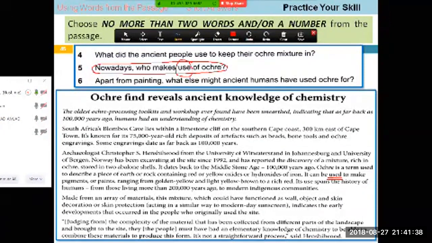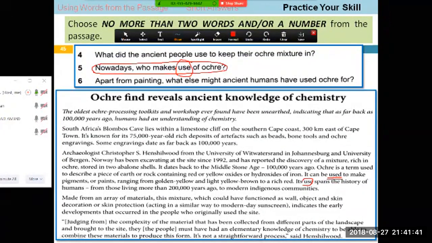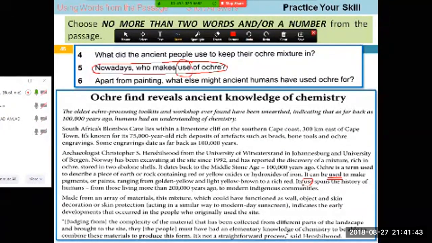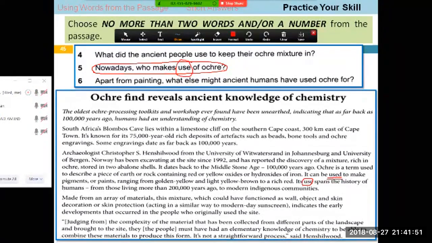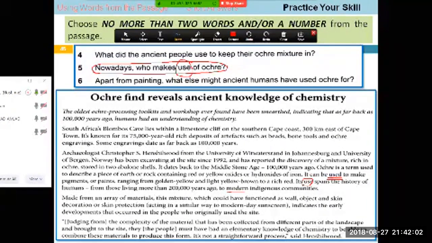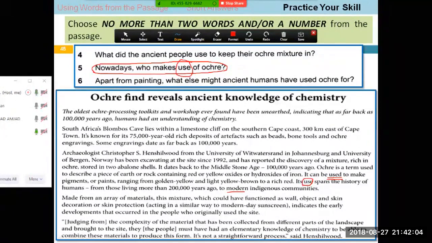So now this sentence is telling us who had been using this mixture in the past and who is using it in present modern times. So who is using this in present time, nowadays, or I can say in modern times? Okay. So what is the answer? Indigenous communities.